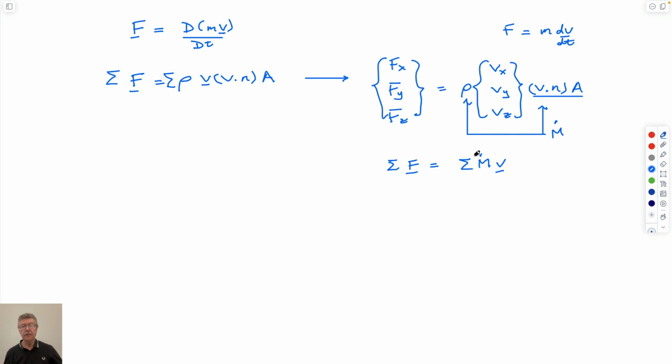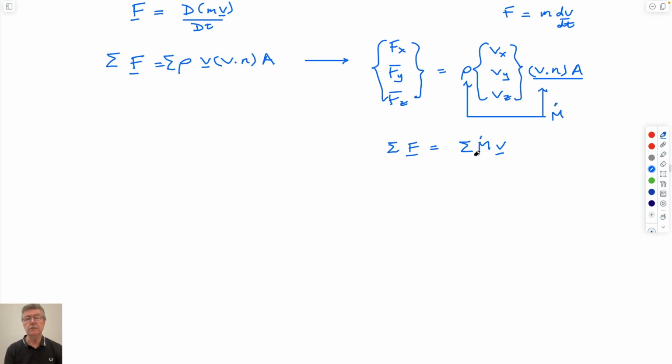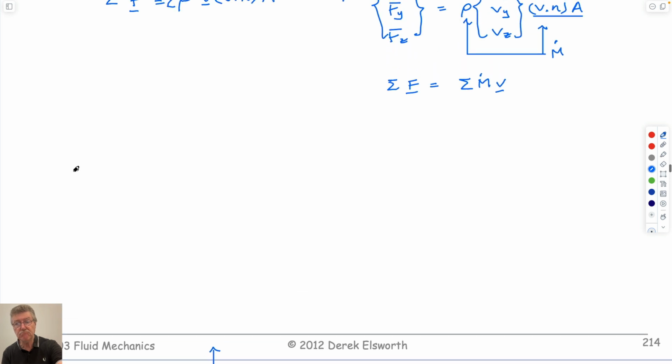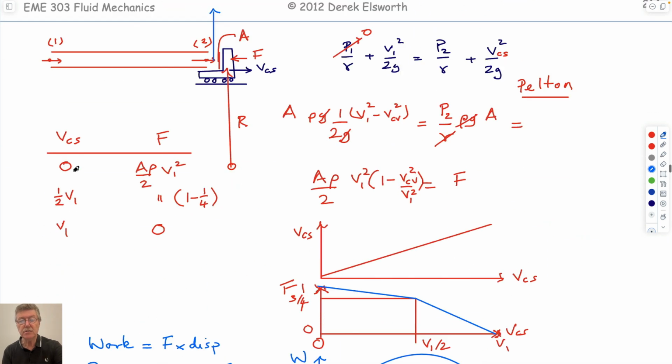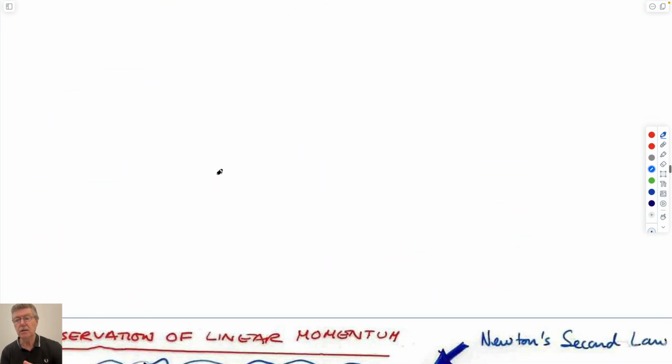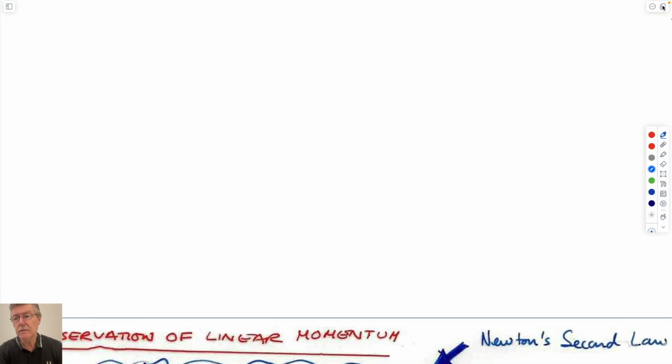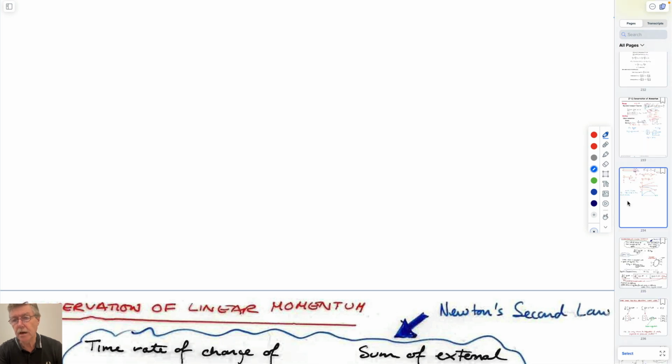So let's do a quick example to deal with that. Do I have enough space underneath here? Possibly not. I'm going to start on a clean sheet. So this is an example that's in my notes, my horrible notes. Don't know if they're horrible or not. Perhaps they're not fantastic.